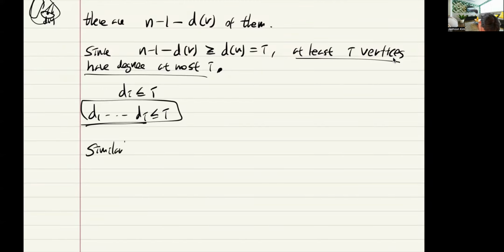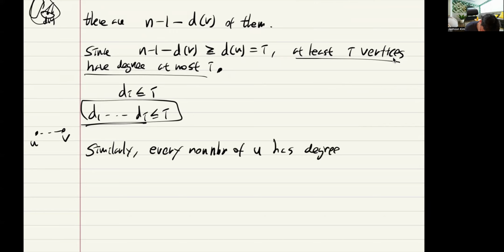Similarly, every non-neighbor of u has degree at most the degree of v, because of the choice of u, v having the maximum degree sum out of all non-adjacent pairs.